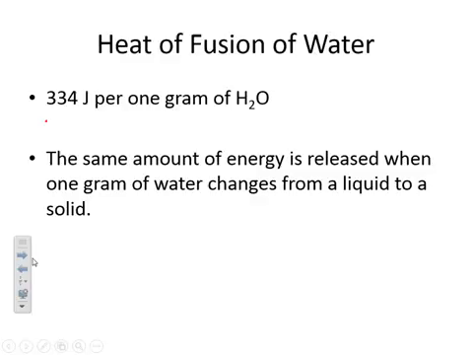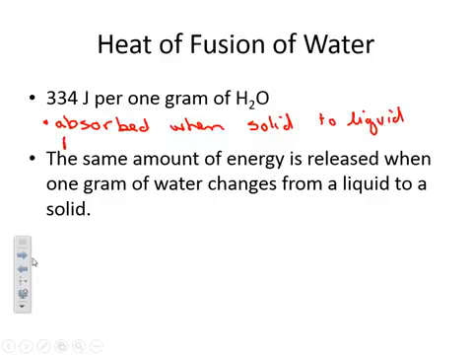The same amount of energy is released when 1 gram of water changes from a liquid to a solid. So this is absorbed when a solid changes to a liquid, so I'll say absorbed when solid to liquid phase change occurs.